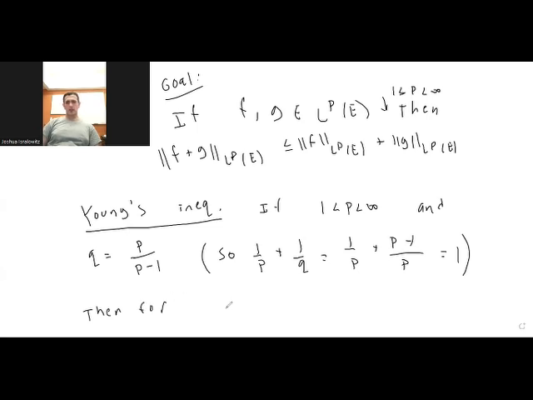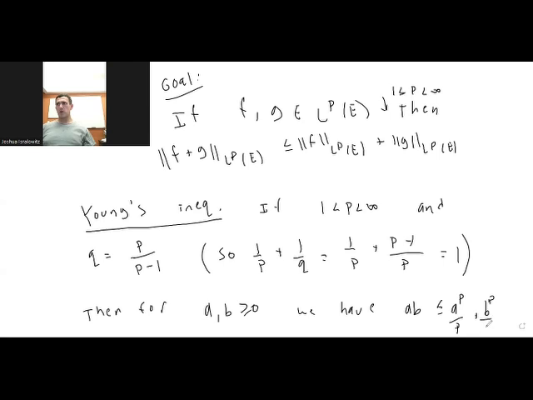Okay, so the claim is for any non-negative a and b, we have ab is less than or equal to a to the p over p plus b to the q over q.